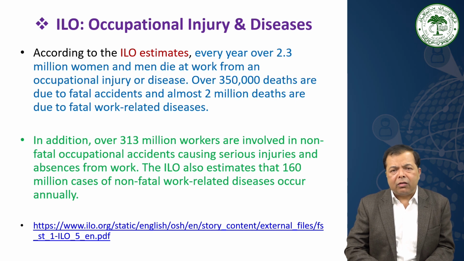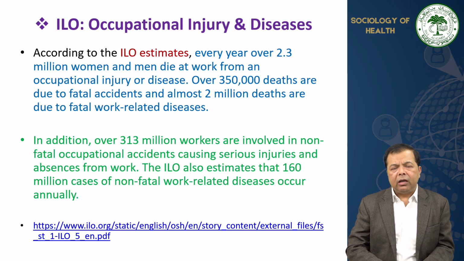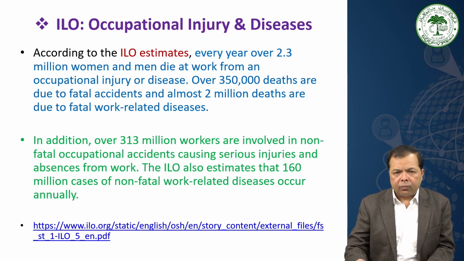So in either situation, the workers who get affected by occupational injury or disease are the worst sufferers or victims. And so we need to understand the situation at a larger level, so that we can think of having the right kind of intervention, and we get to know what kind of provisions have been made by the society to make an improvement in the life of the people who are working in those environments.